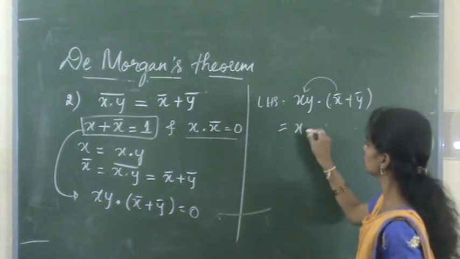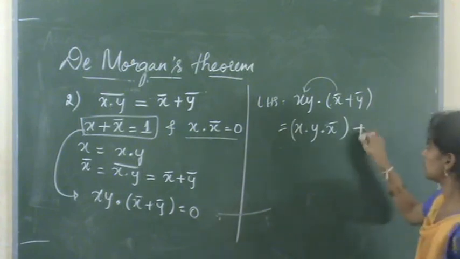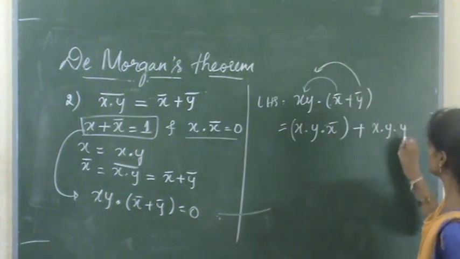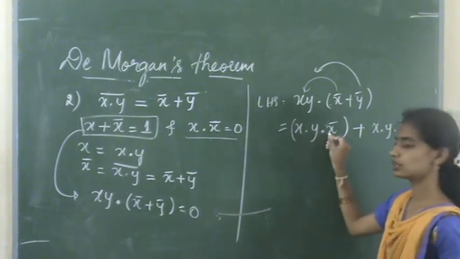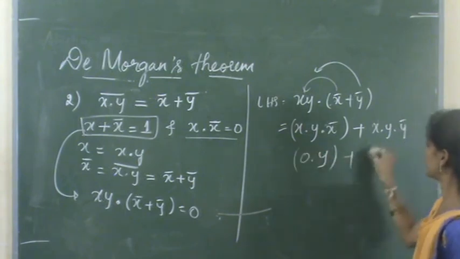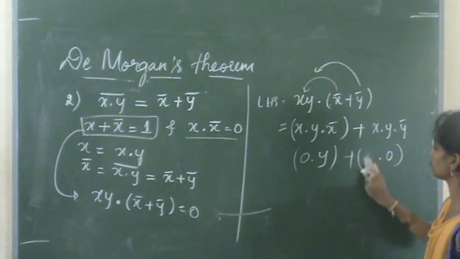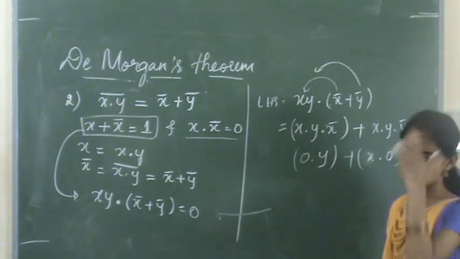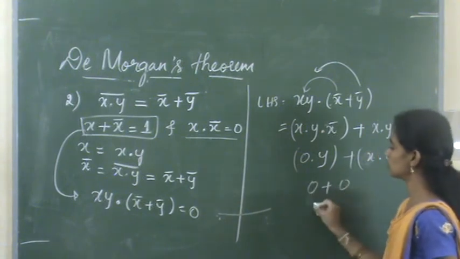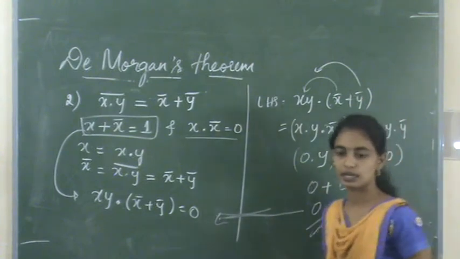Okay, so x into y into x bar plus, from this now, x into y into y bar. We know that x into x bar is 0, into y, plus y into y bar is 0. So x into 0. So we know that 0 into anything is 0. 0 plus 0 is 0. So we prove that RHS is equal to LHS.